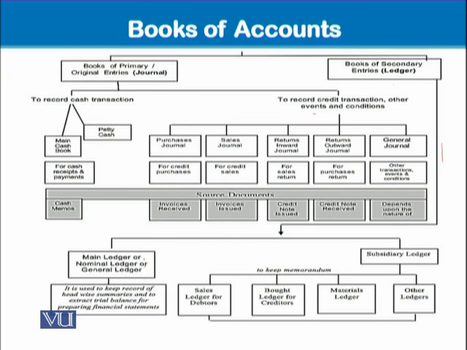Main ledger is maintained for keeping summaries and extracting balances, whereas subsidiary ledger is maintained for memorandum purposes only, in which we maintain memorandum for sales, in a way for accounts receivable, which is known as sales ledger.